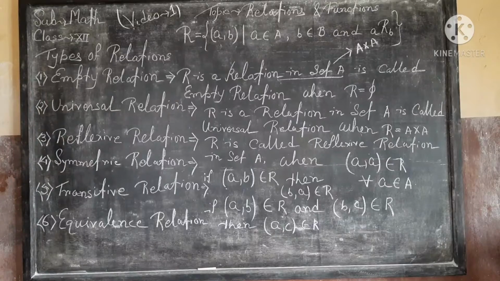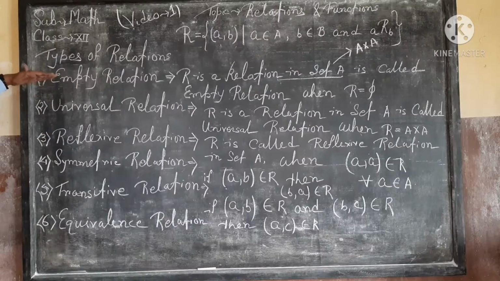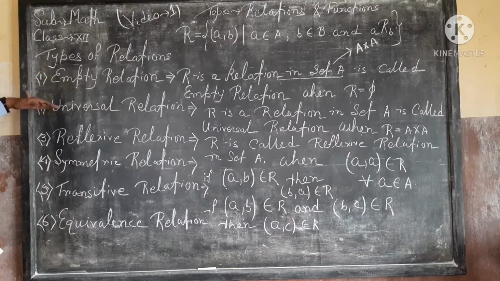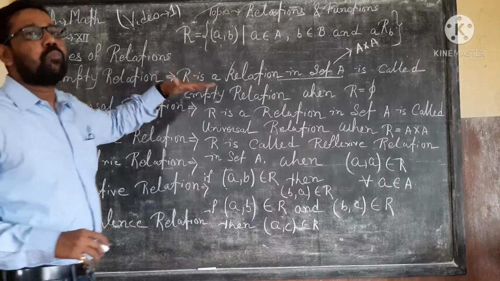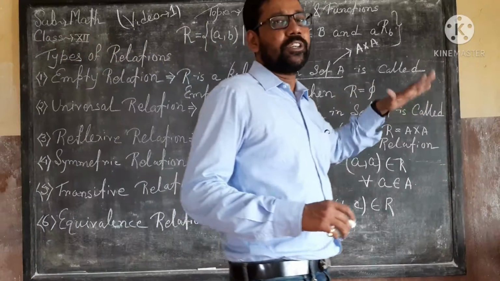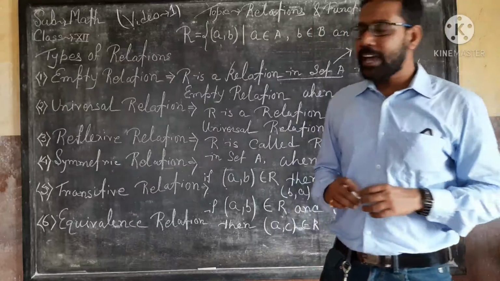And another thing: these two relations, the empty relation and the universal relation, are both called trivial relations.